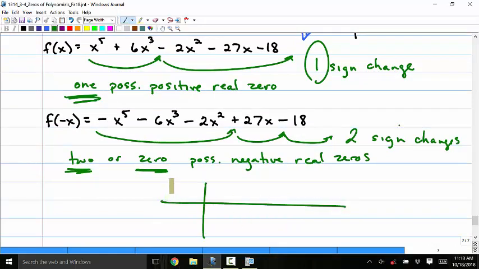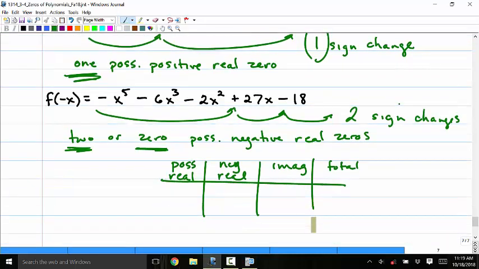So we have positive real, we have negative real, we have imaginary, and total. What did we say about positive? We could just have 1, right? But with negative, we could either have 2 or none.